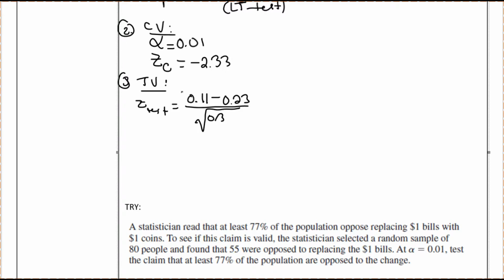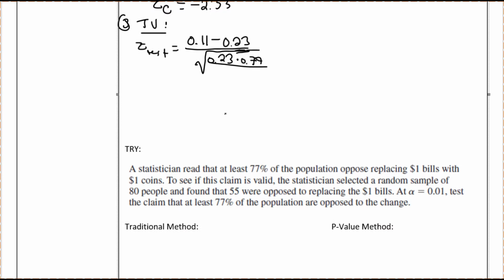P is 0.23 times Q, which is 0.77, over a total of 100 gun owners, so over 100. Plugging this into the calculator, we get about negative 2.85.